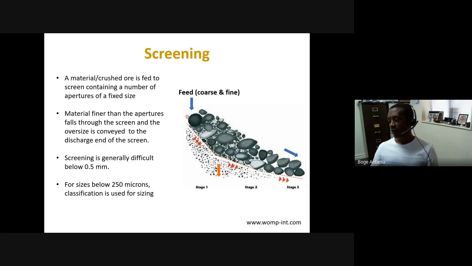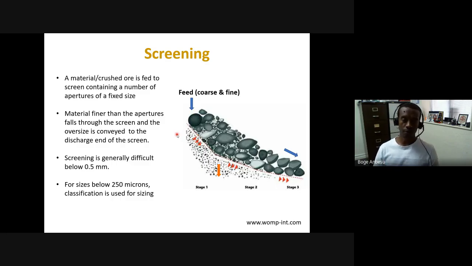For example, if it's a banana screen, typically we tend to make it steep at the feed end, then the slope decreases gradually. Some, like grizzlies, are not really steep. Even vibrating screens are not really steep. And also the aperture sizes we use will be determined by what size of particles we're processing. If it's controlling a feed to a crusher, usually we want the screen to be very hard.